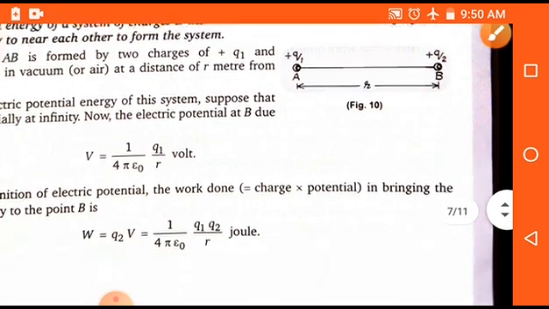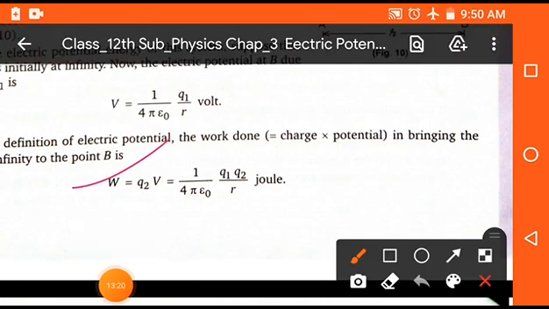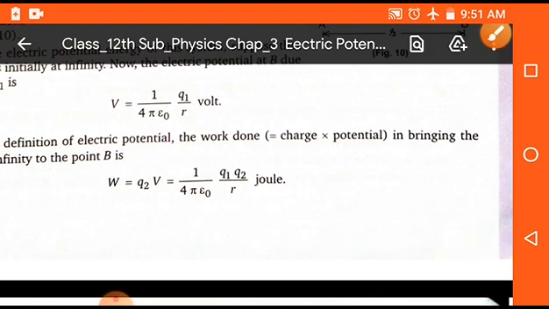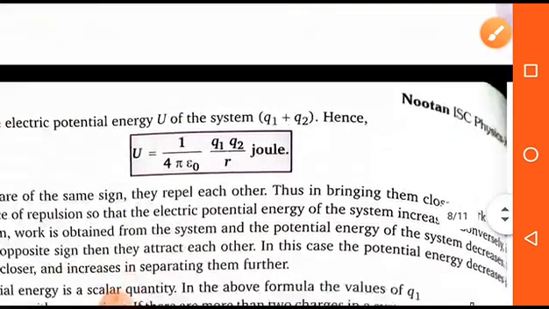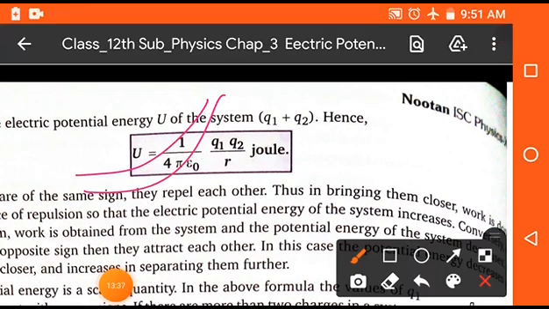We know that the work done on charge Q2 is W is equal to Q2 V, and on putting the value of V we get 1 upon 4 pi epsilon naught Q1 Q2 upon r joule. This work done is considered as the electric potential energy. This is the required expression for the electric potential energy: U is equal to 1 upon 4 pi epsilon naught Q1 Q2 upon r.